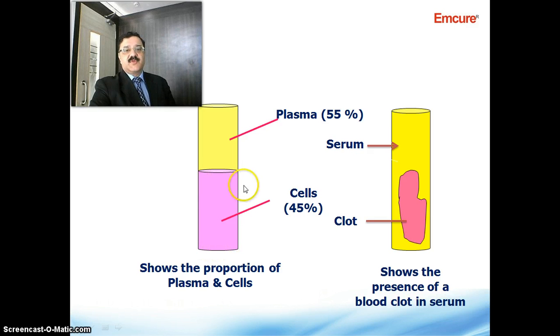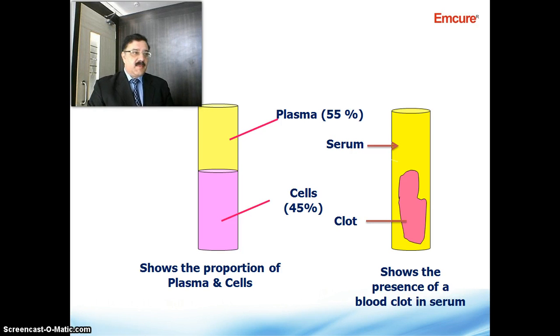All three types of cells are found in this component which settles down: the RBCs, the WBCs, and the platelets. Whereas the liquid which separates on top is a yellow colored, straw colored fluid, and this fluid is called plasma, and this accounts for approximately 55%.